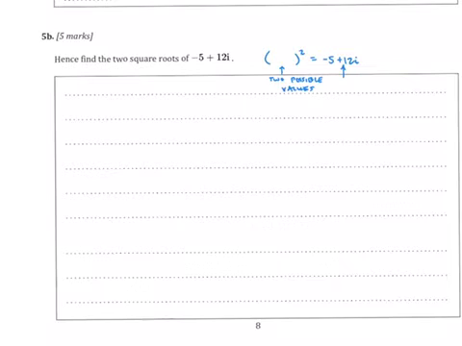Therefore, the 2 square roots of this will equal those 2 possible inputs there. Okay, so I'm going to get 2 different x plus iy values.